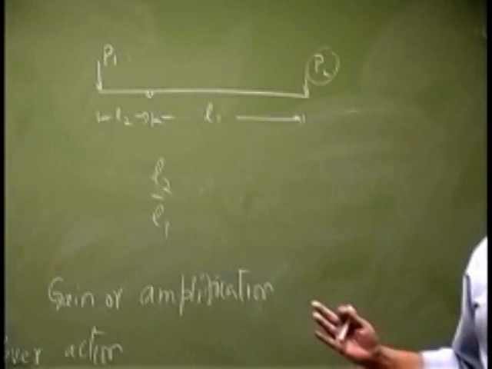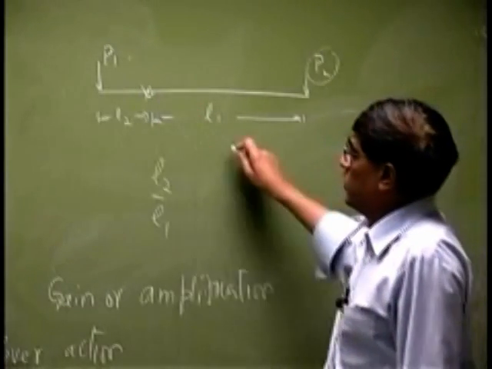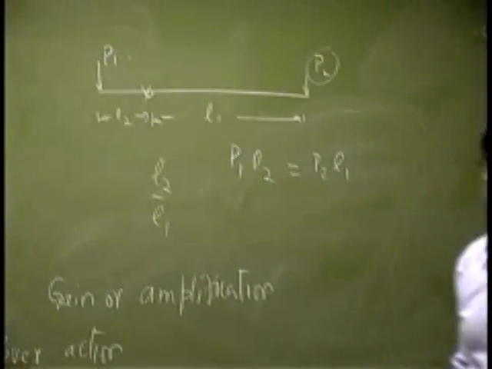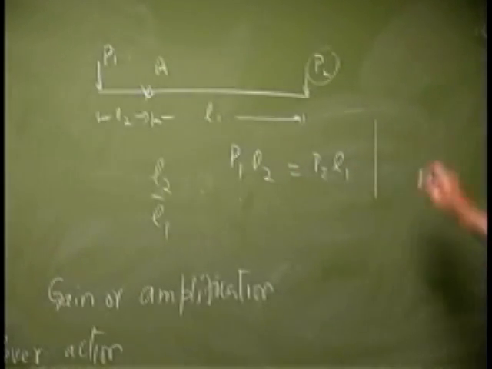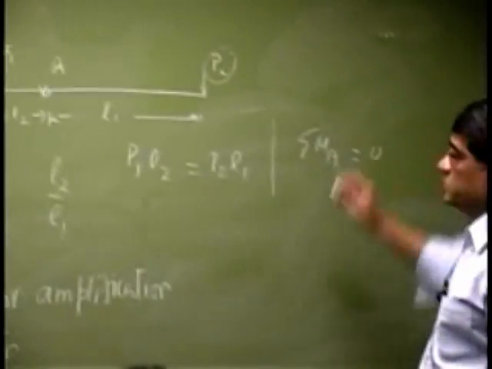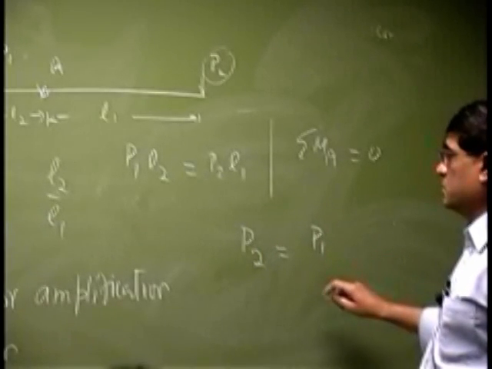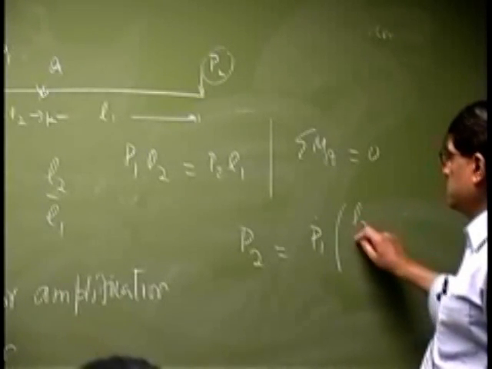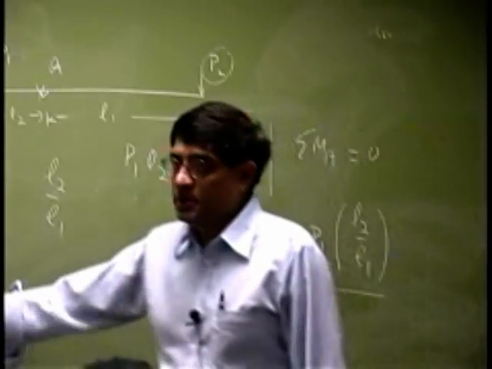The larger L1 is, the smaller will be the value of P1, right? Because if you take moments about this point A, you get P1 L2 equals P2 L1. So your P2 would be P1, that's your force, times L2 over L1. So this ratio is really the same number here.